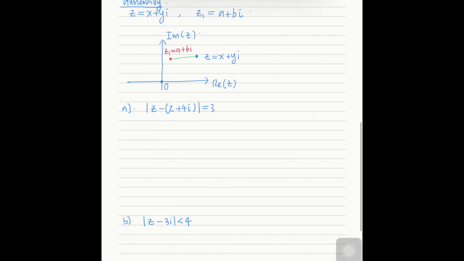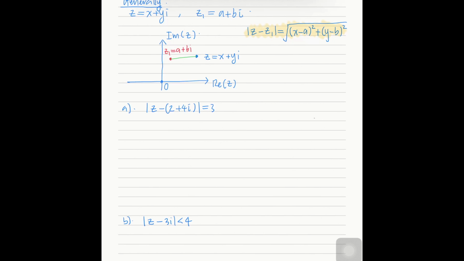Basically we have the modulus of z minus z1 is equal to the square root of (x minus a) square plus (y minus b) square. So this is the formula for the general problem.